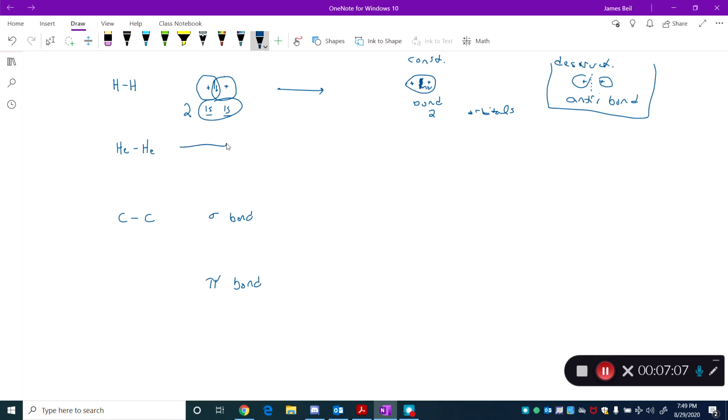Helium would be the same situation, except with helium I would have 4 total electrons, as we said on Thursday. So if I have 4 electrons, well then in that case the bonding molecular orbital and the anti-bonding molecular orbital would both be full, and so the energy advantage of putting 2 electrons in the stable orbital would be canceled by the energy disadvantage of putting the electrons in the unstable orbital, and so there's no net energy advantage or disadvantage to forming a bond between 2 helium atoms.